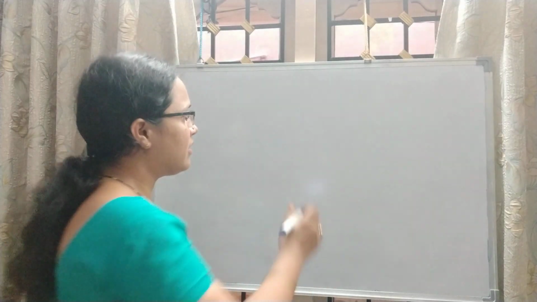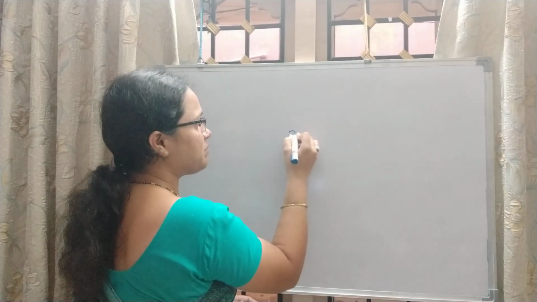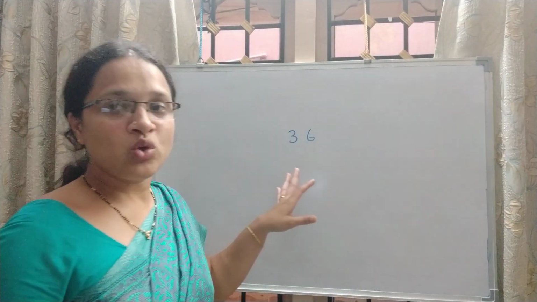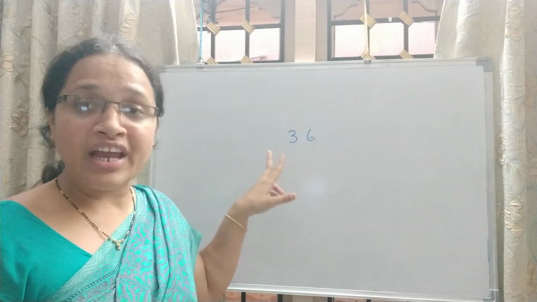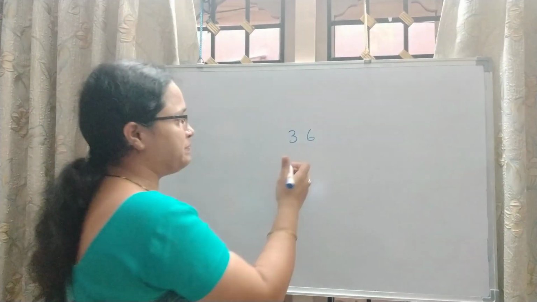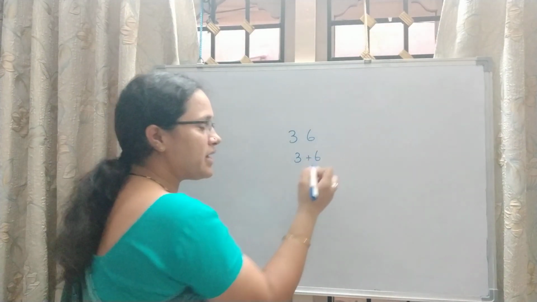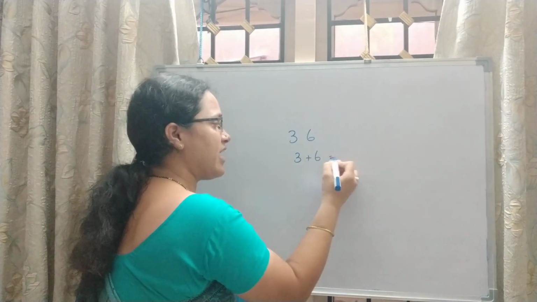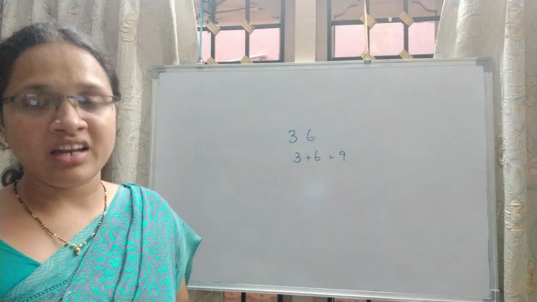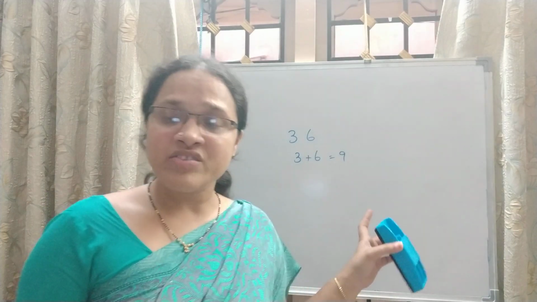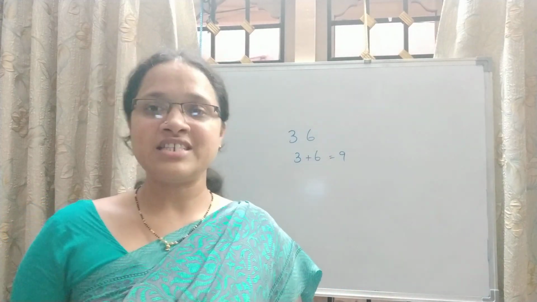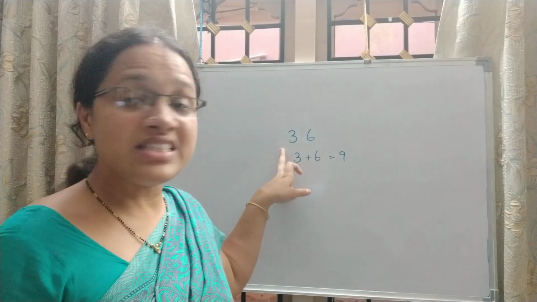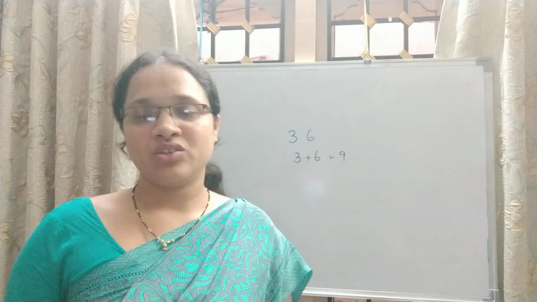For example, 36 is a 2-digit number. Add the digits first: 3 plus 6 is 9. Is 9 divisible by 3? Yes. So 36 is also divisible by 3.